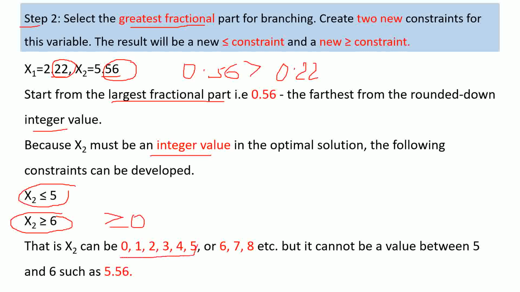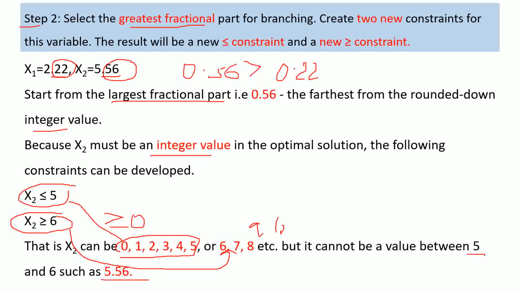In the case of x2 greater than or equal to 6, the value of x2 starts from 6, 7, 8, 9, 10, 11, 12, and so on. But it cannot be a value between 5 and 6, that is 5.56.